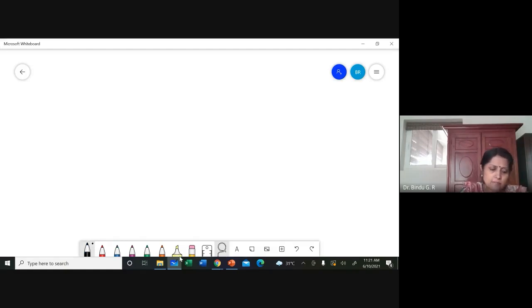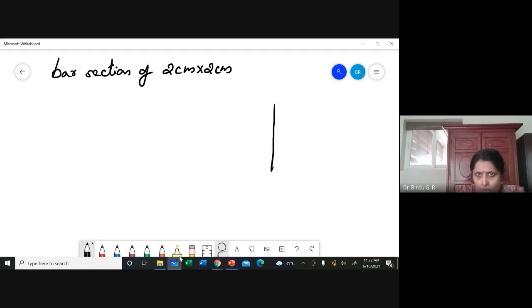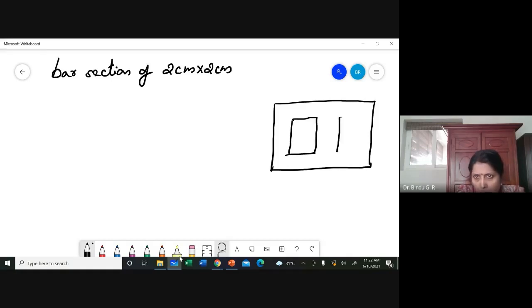A steel magnetic structure made of a bar section of 2 centimeter into 2 centimeter is shown.